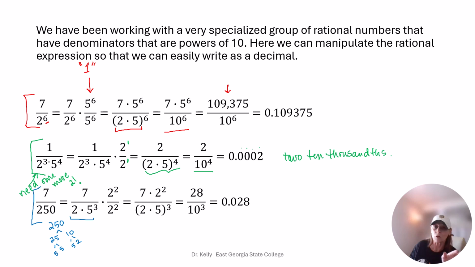So we have an equal number of 2's and 5's. Now that we've got that there, we multiply the top together and put the bottom and set it in its place. And this is 28 thousandths.